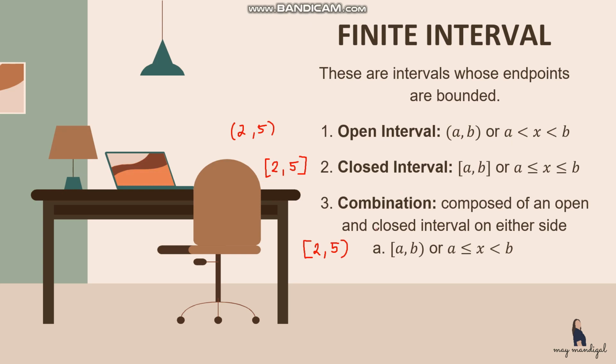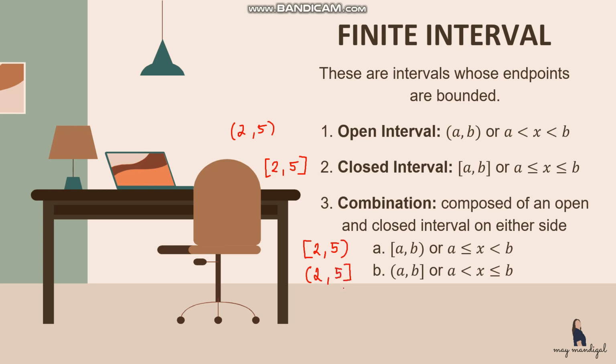In this kind of interval, the boundary 2 is included in our set of values of x to consider, and 5, the other boundary, is not included. Or it can also be like this: a not included up to b included, or x is greater than a but less than or equal to b. So this time, 2 is not included, then up to 5 included.